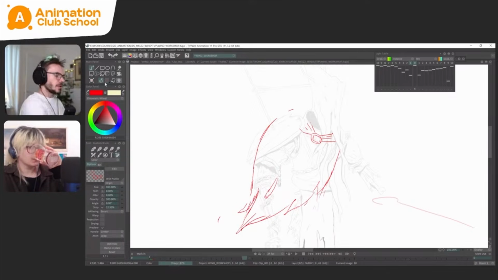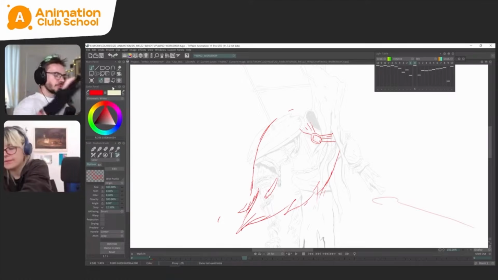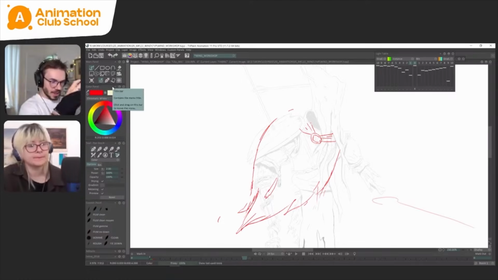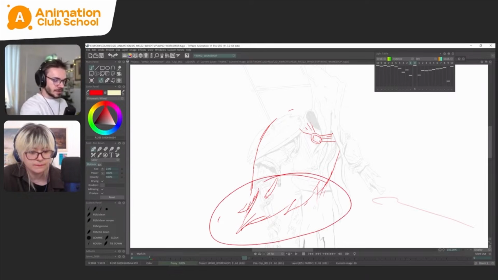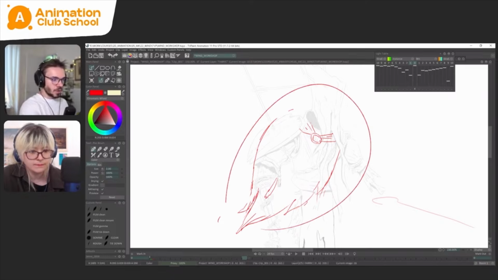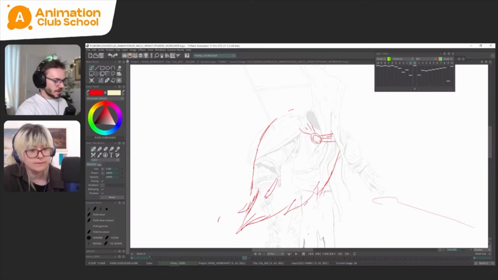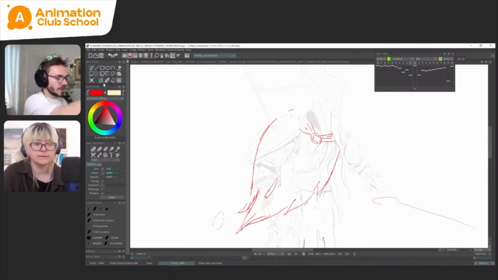So I always try to look at the overall shape and position of the cape, for example, because it's not only about that, it's about the whole fabric when it moves.